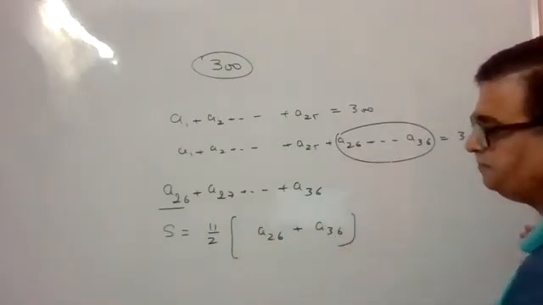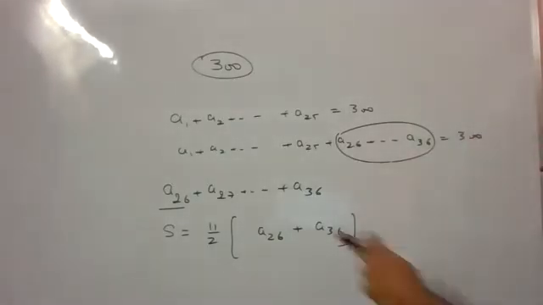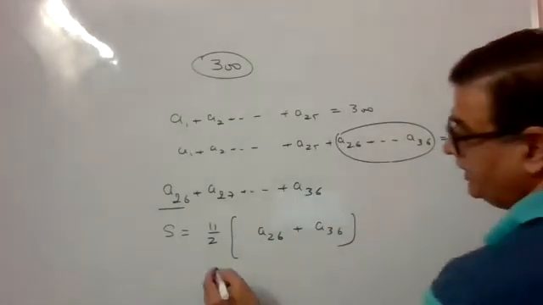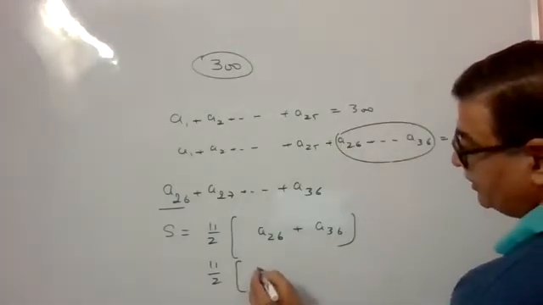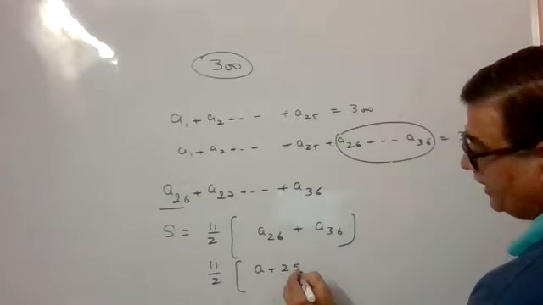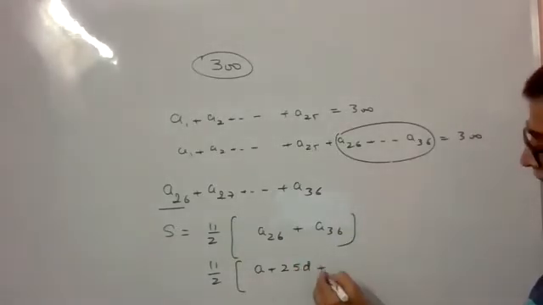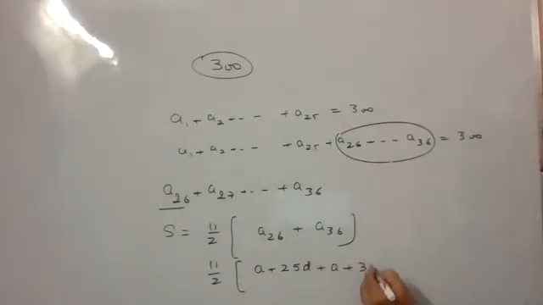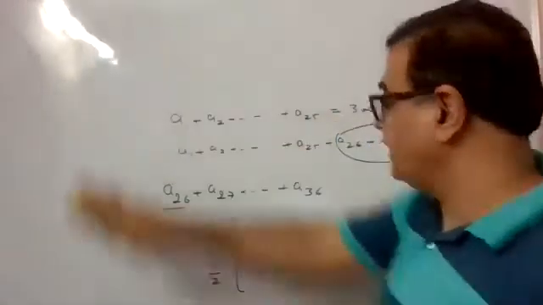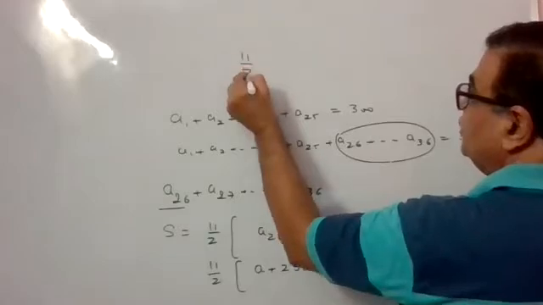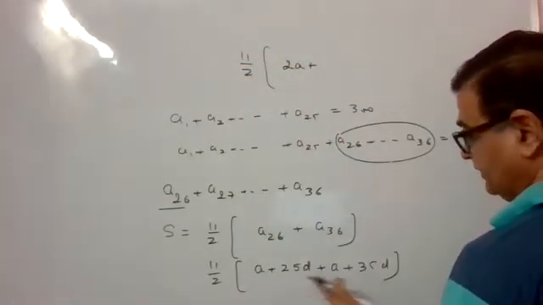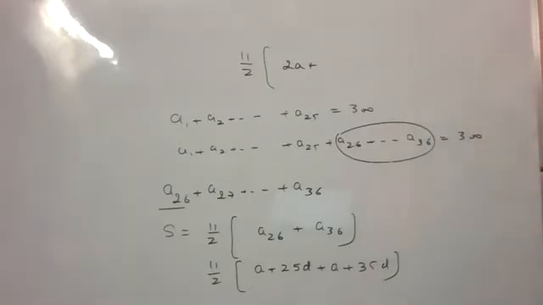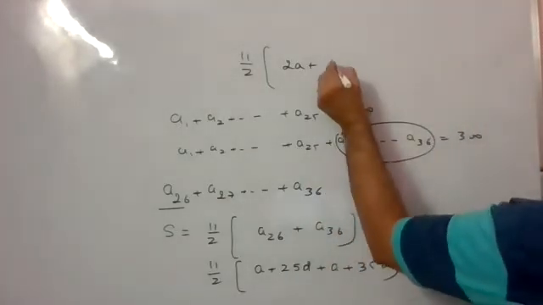You can write this way also, first term plus the last term. Then I'll get it 11 by 2. 26 term will be what? A plus 25d. Here it will come a plus 35d. Or when you solve it, what it will come? 11 by 2, this will be a plus a will be 2a, 25 plus 35, how much it is? 60? Yes. 60d.